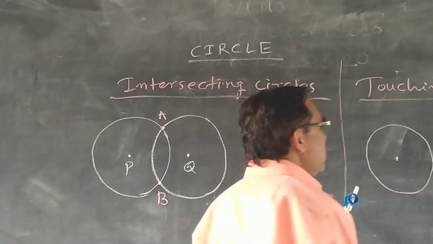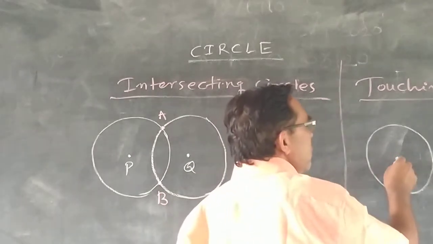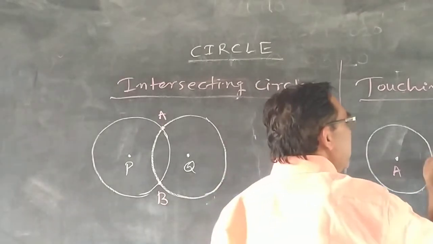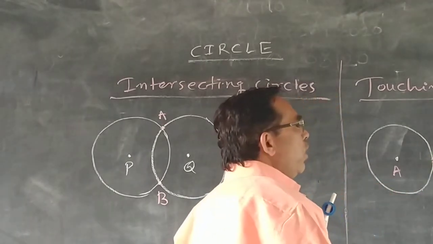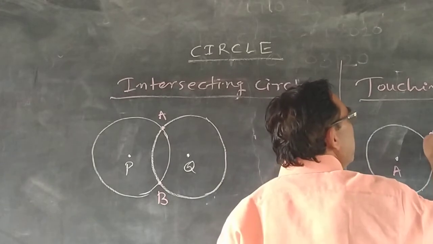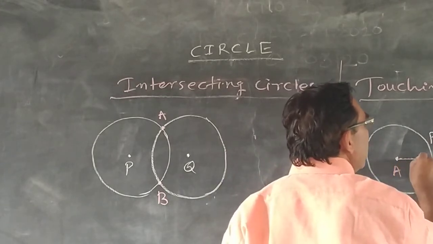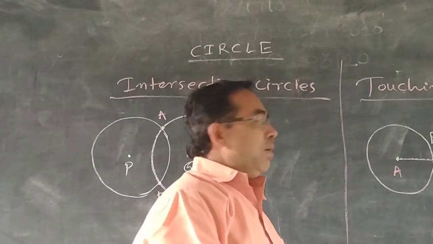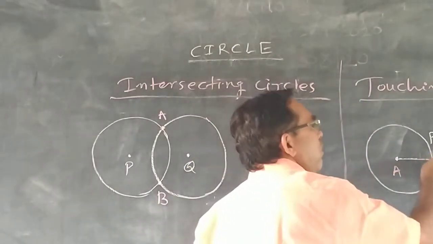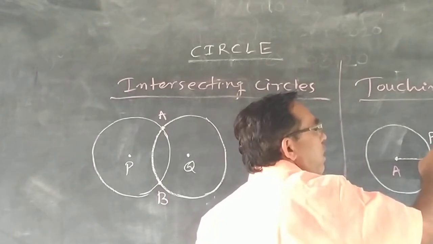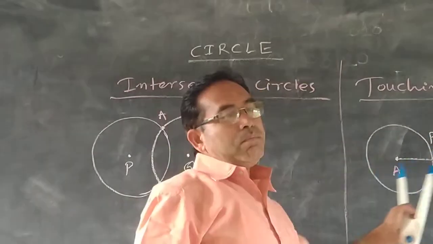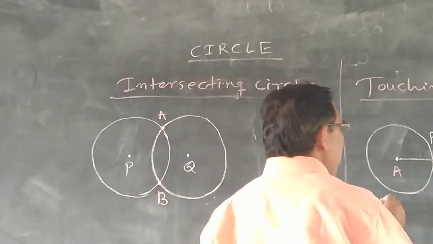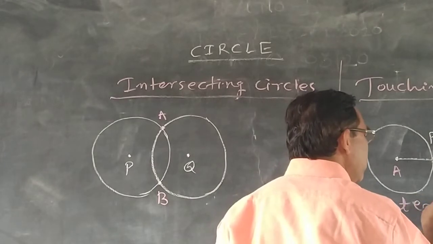Suppose this is center A, this is center B, and they touch each other at point P. Then we draw AB. They touch each other at point P. We call them touching circles, outerly touching circles.